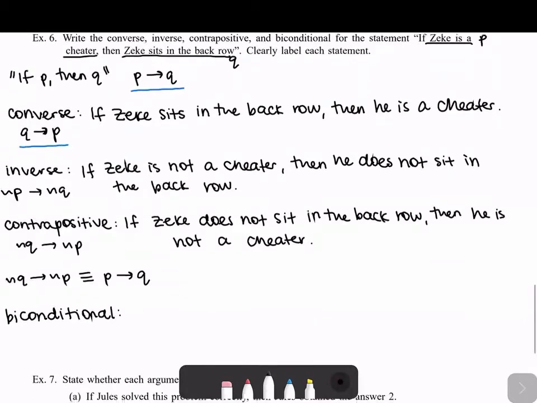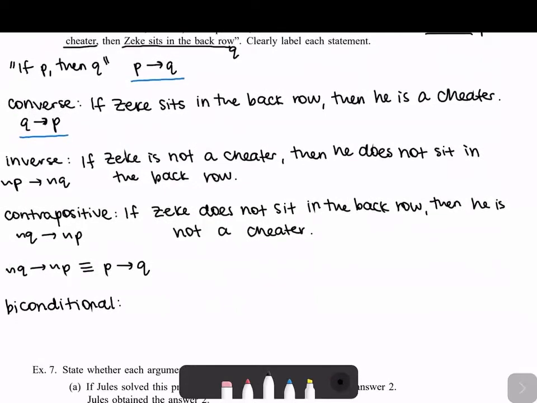So this is written with a double arrow because we need the arrow to go both ways. P, if and only if Q. So instead of if-then, it's going to be an if and only if.